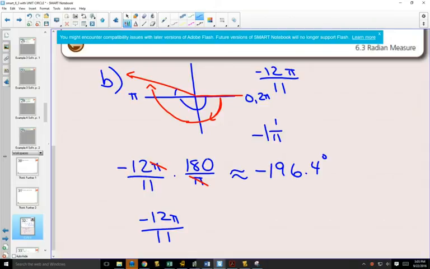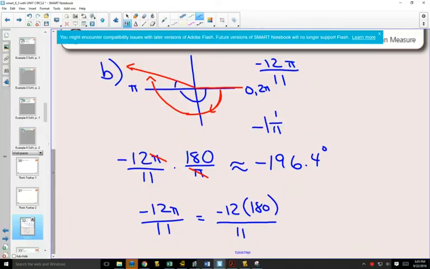So whenever we have pi in the equation, a shortcut that people use is they just replace the pi with 180. And that'll give you the same answer every time. Partly because the pi's cancel out, and also because pi radians is equal to 180 degrees. So if you change that right away, then you'll get the right answer.